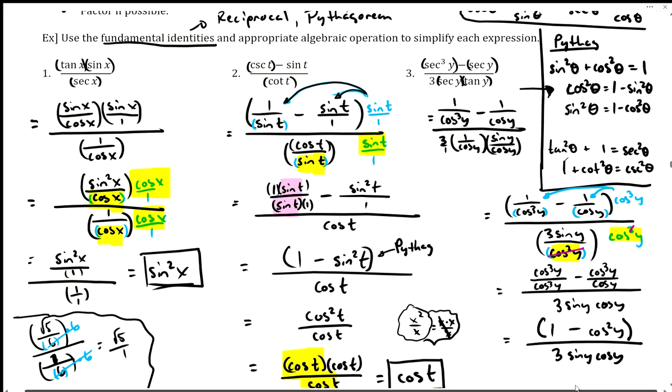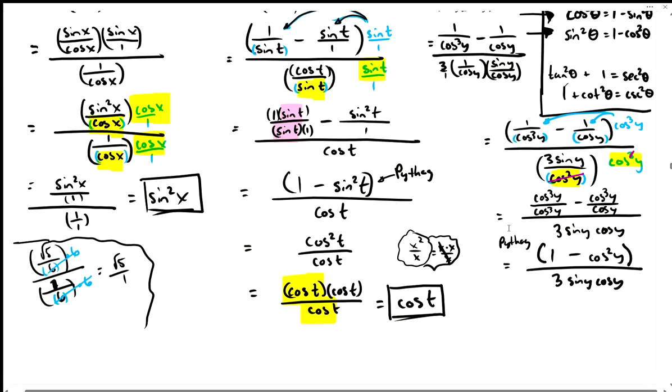This here is a Pythagorean identity. Now it's this bottom one: 1 minus cosine squared of theta is sine squared of theta. So that means this numerator becomes sine squared of y, just keep whatever the letter is, over 3 sine of y cosine of y.